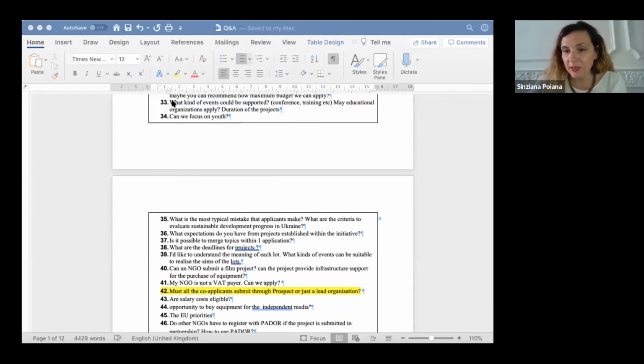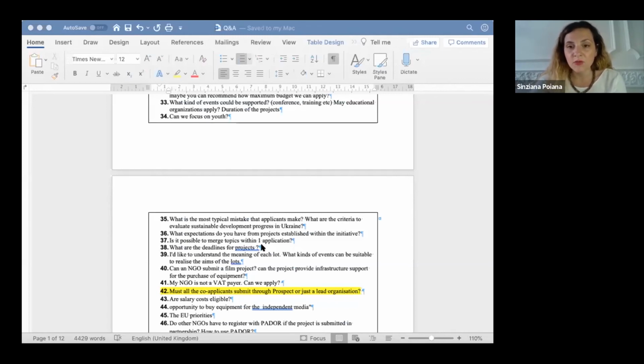Can a university be an applicant or co-applicant? Same. Look at section 2.1.1. It depends from one lot to the other. It depends on how your university is registered as a legal entity. There are countries where universities are registered as not-for-profit civil society organizations, so you may or you may not be eligible. So you need to have your own assessment, discuss also with your financial and legal colleagues, and then reach your own conclusion.